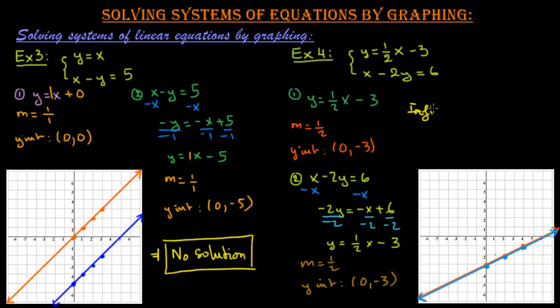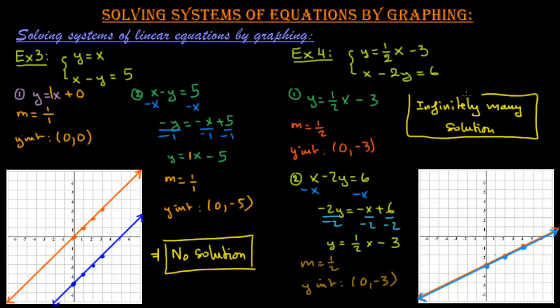The answer is infinitely many solutions, because every single point on the blue line is also a point on the orange line. So every single point, that's why we say that is infinitely many solutions.